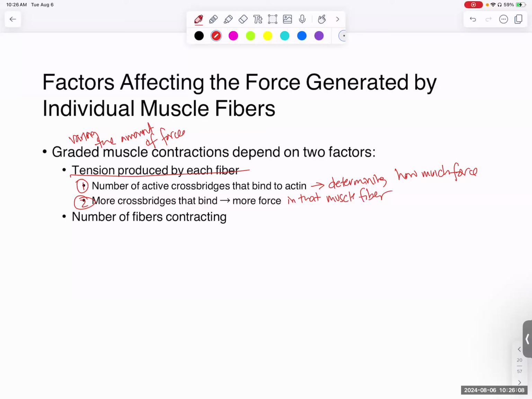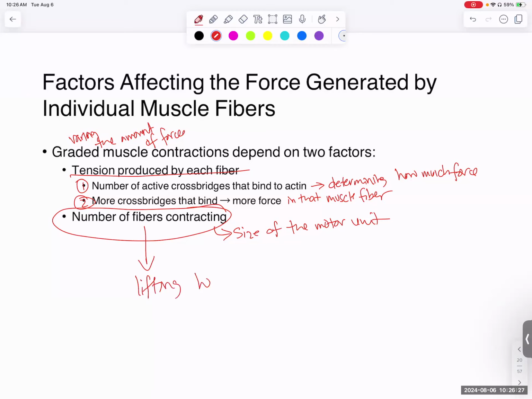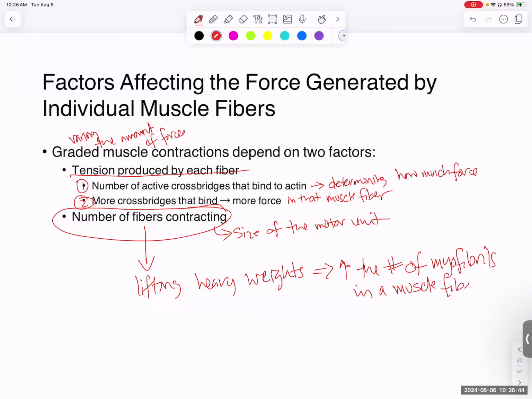And then we could talk about how many muscle fibers are contracting, and that's really determined by the size of the motor unit. We can also talk about the number of muscle fibers contracting, and that lifting heavy weights like weightlifting actually increases the number of myofibrils in a muscle fiber. And you're saying, okay, big whoop.